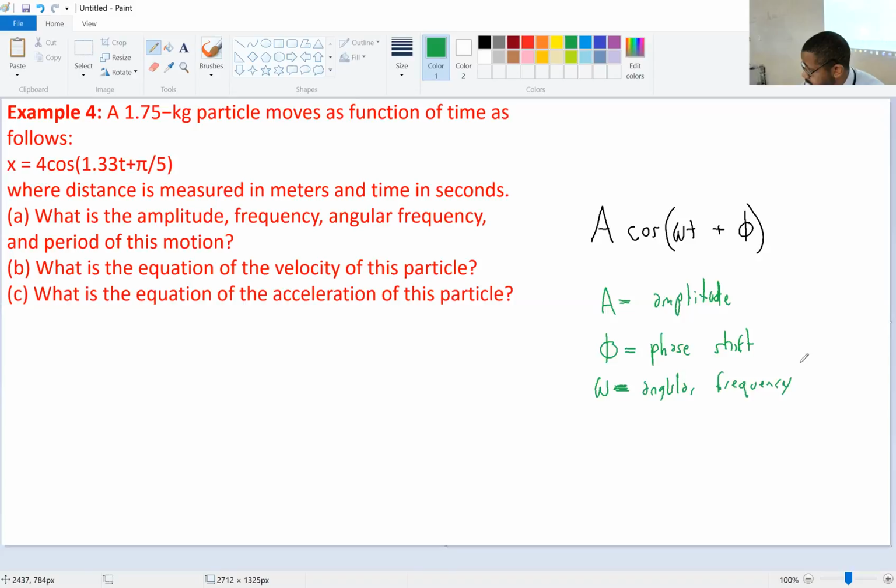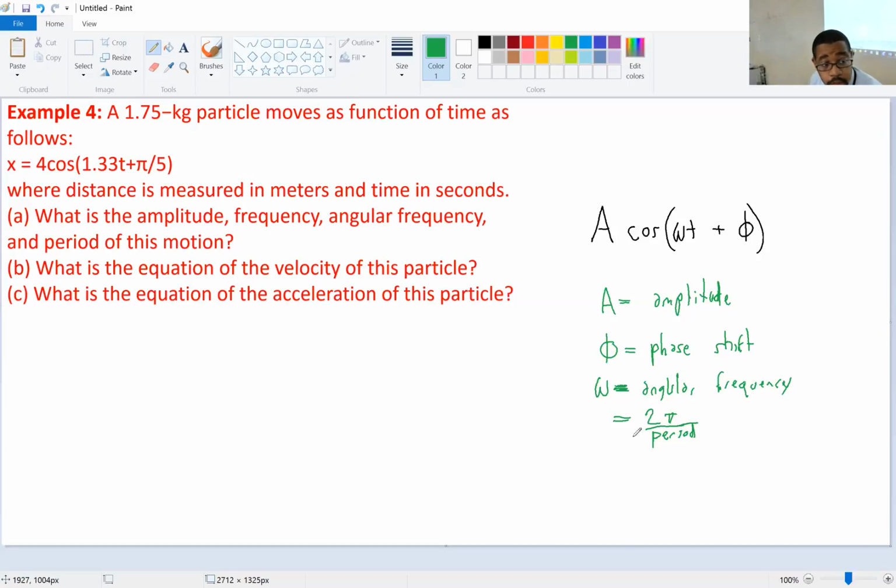Now we can also write the angular frequency as 2 pi divided by the period. And so that's what that's going to be.